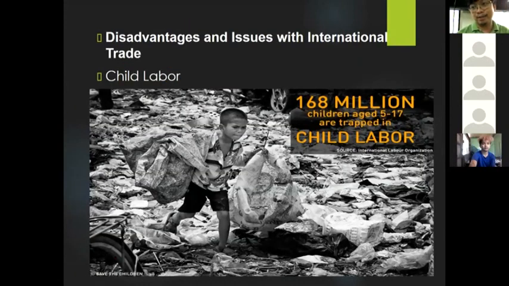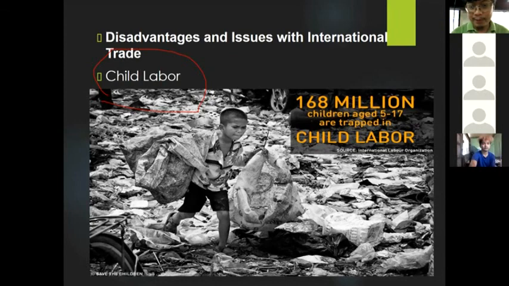Now the disadvantages. Hindi naman puro pakinabang lang ang meron sa international trade. Meron din tayong mga setbacks or disadvantages. One of which is child labor. Because of international trade, because of presence of industrial companies or industries, tumataas din yung cases ng poverty.